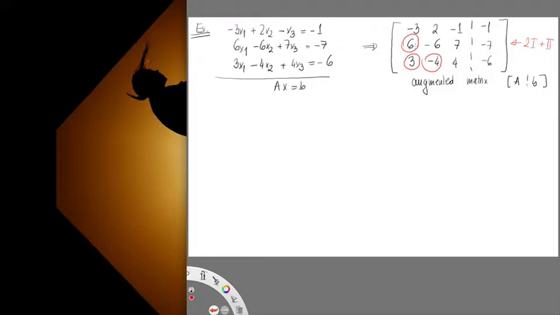So I'm not going to repeat all of it, but basically we arrived at the following thing. Where we ended up last time is something like this: minus 3, 2, minus 1, minus 1, 0, minus 2, 5, minus 9, and 0, 0, minus 2, 2.